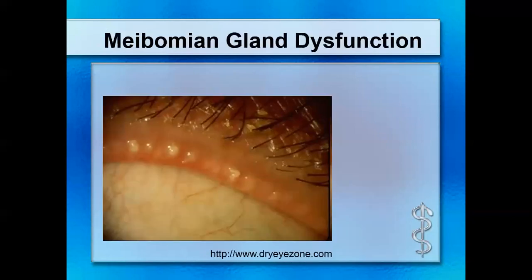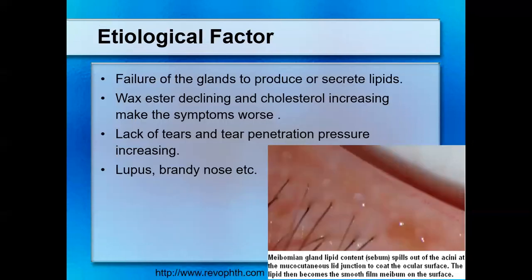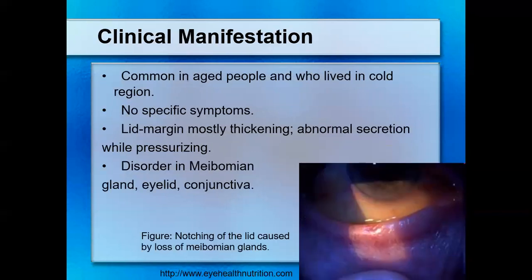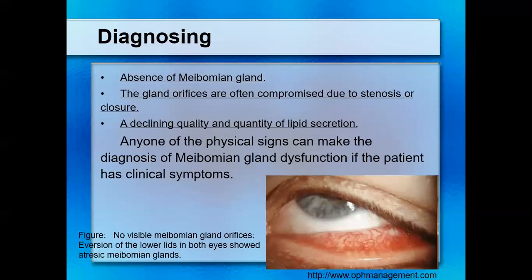Okay, whenever there is meibomian gland dysfunction, it will lead to a deficiency of lipid secretion, and this will again lead to a dry eye. The meibomian gland dysfunction occurs because of meibomitis or closure of the openings of the meibomian glands. That leads to the deficiency of secretion into the tear film.